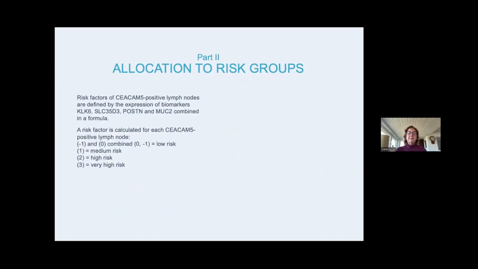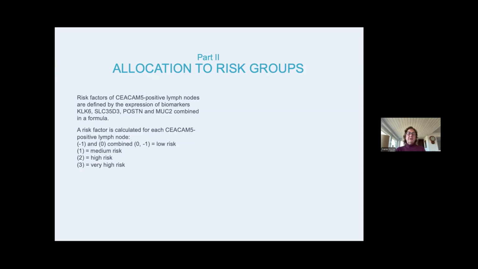So the other thing with the ColoNode is the allocation to risk group. Risk factors for CEACAM5 positive lymph nodes are defined by the expression of biomarkers KLK6, SLC35D3, POSTN, and MUC2 combined in a formula. A risk factor is calculated for each lymph node which is positive for CEACAM5.